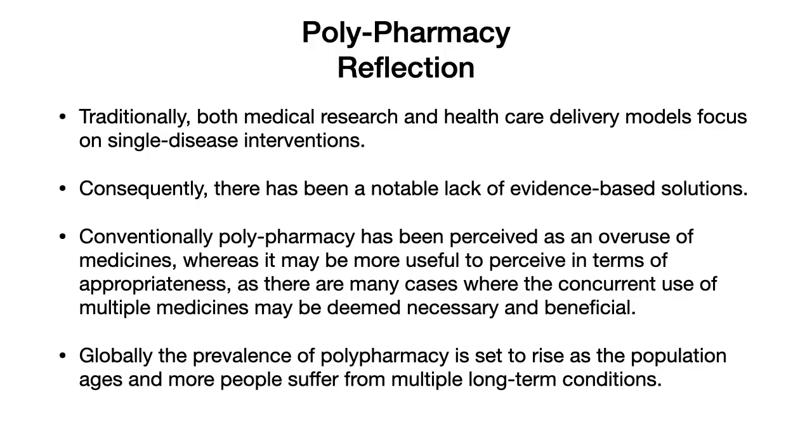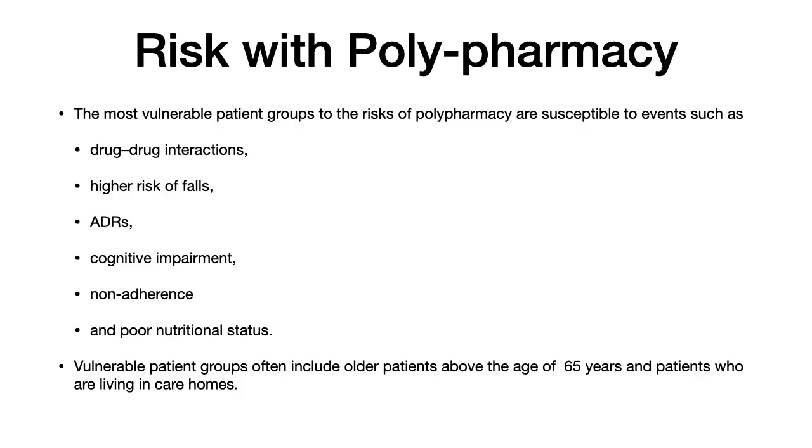Globally, the prevalence of polypharmacy is set to rise as the population ages and more people suffer from multiple long-term conditions. Polypharmacy carries significant risk to the patient. The most vulnerable patient groups are susceptible to drug-drug interaction, drug-disease interaction, high risk for falls, and adverse drug reaction.